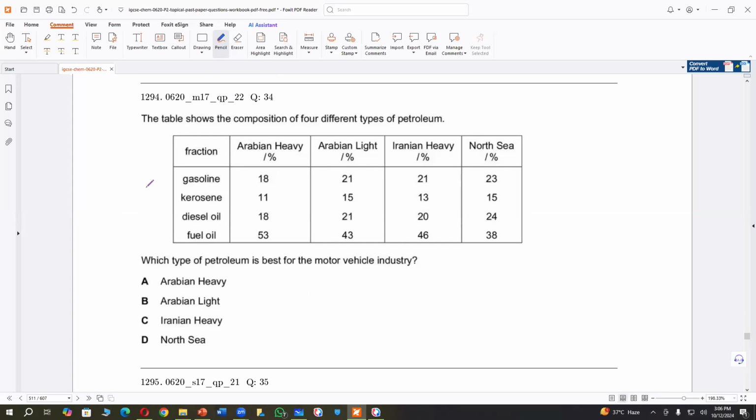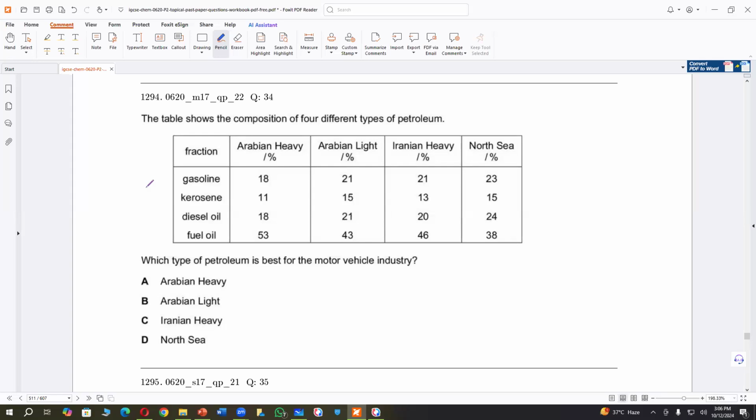The table shows the composition of 4 different types of petroleum. Which type of petroleum is best for the motor vehicle? How am I supposed to know?